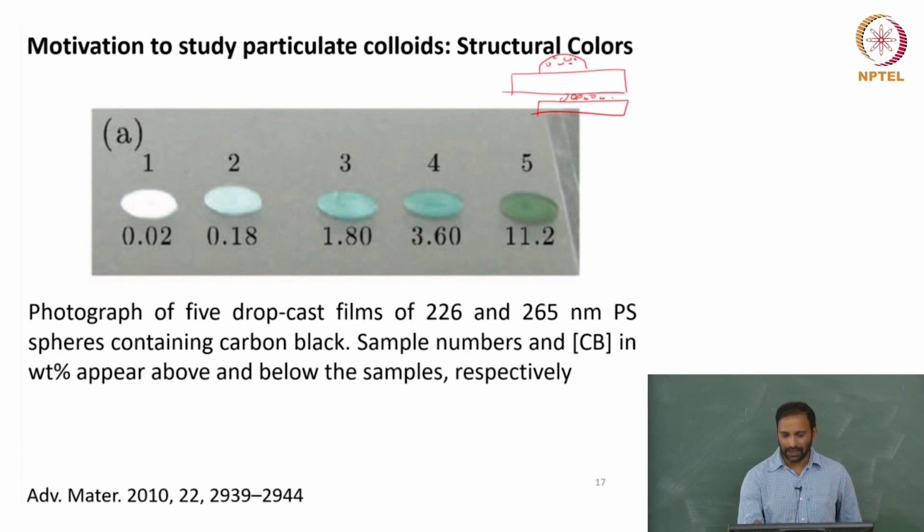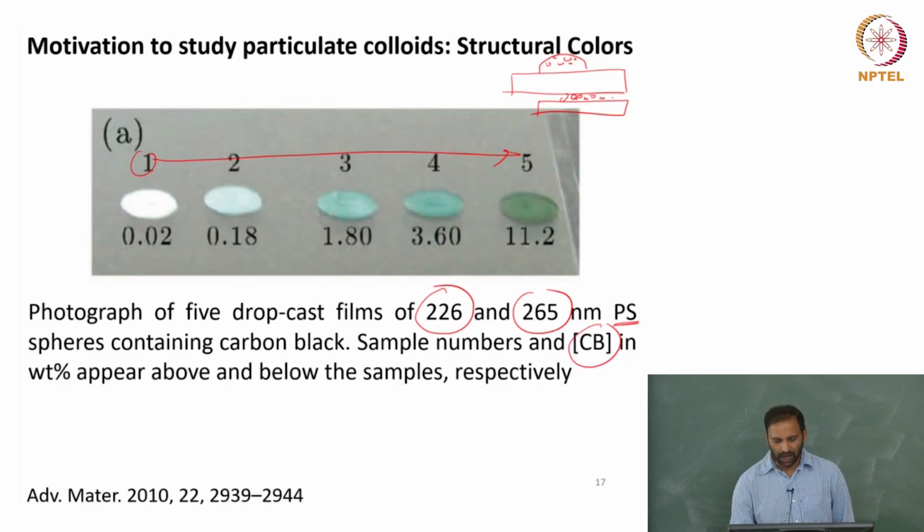So you have 5 different samples, and all these samples contain particles which are 226 and 265 nanometer in size. These are polystyrene particles, and what is being changed in the sample from 1 to 5 is the fraction of carbon black that is added.